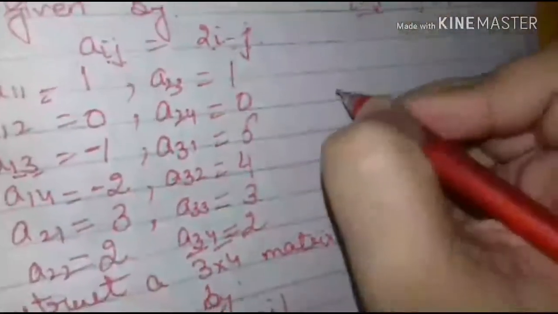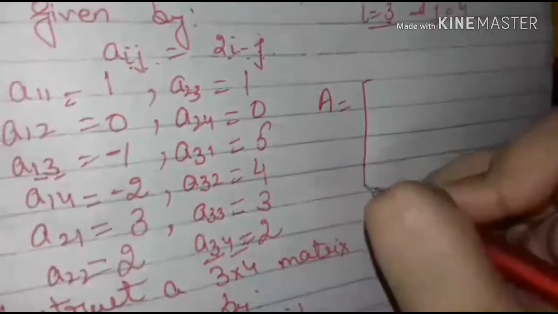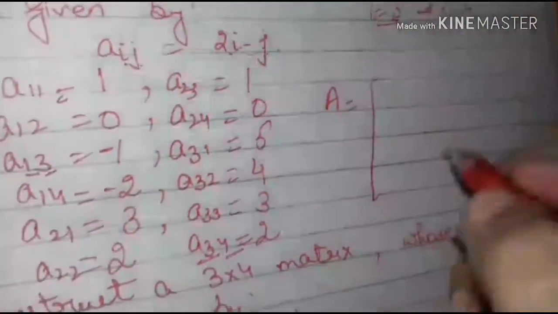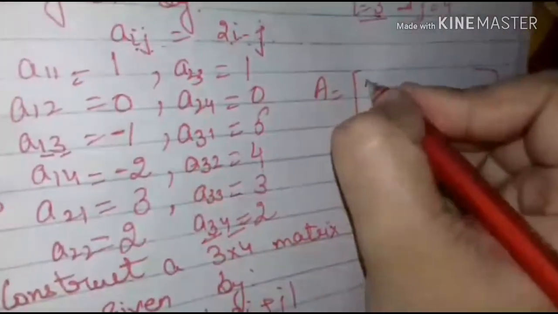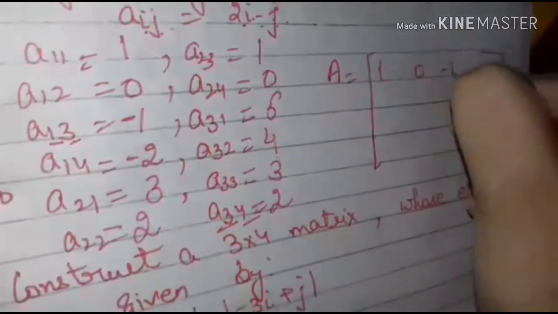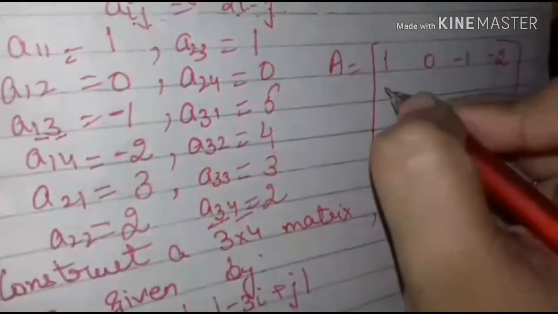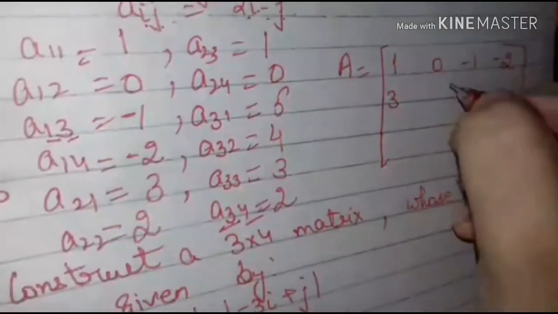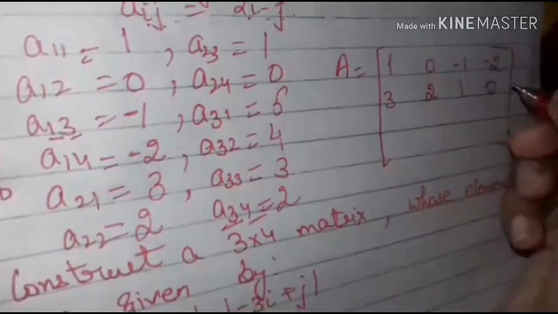Now we write it in the form of a matrix. There are 3 rows and 4 columns. First row: 1, 0, minus 1, minus 2. Next: 3, 2, 1, 0.